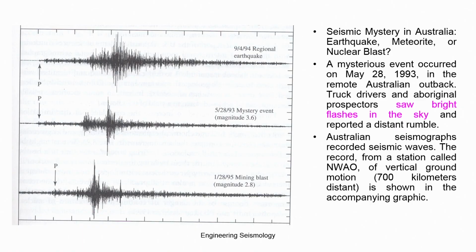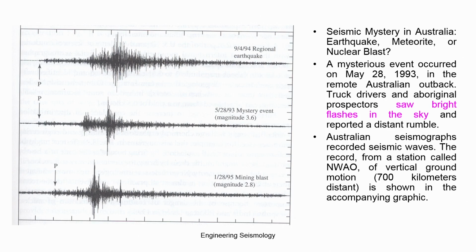So such explosions pose discrimination problems, and mysterious events are reported. This is a typical mysterious event reported in Australia. The first one is a 1994 regional earthquake in Australia. The seismic mystery is whether it was a nuclear blast or another event; they are not very sure.